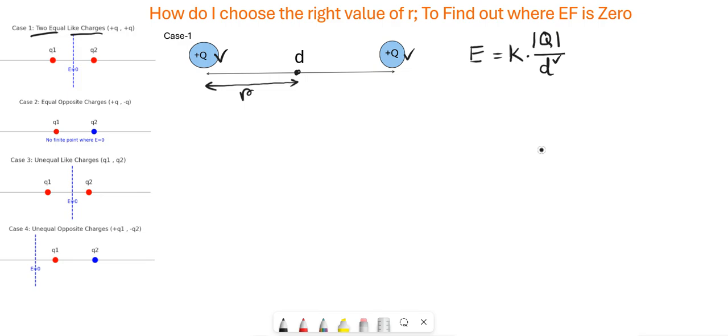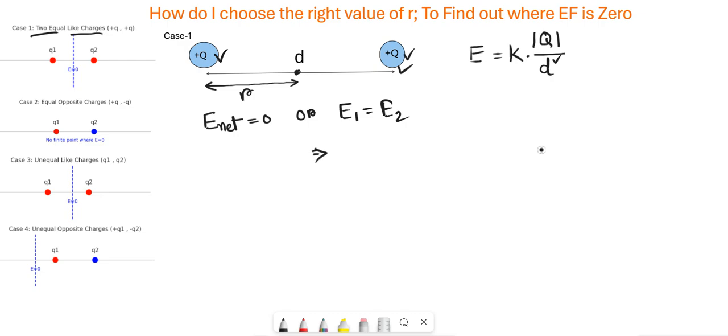The condition where the electric field is 0 means the net electric field is 0, or we could write E1 equals E2. What is E1 and what is E2? E1 is the electric field due to this Q, and E2 is the electric field due to the other Q. We know the equation of electric field.